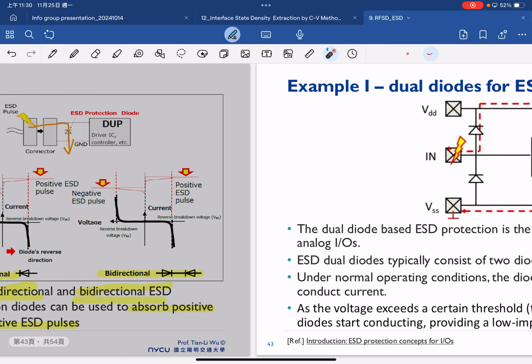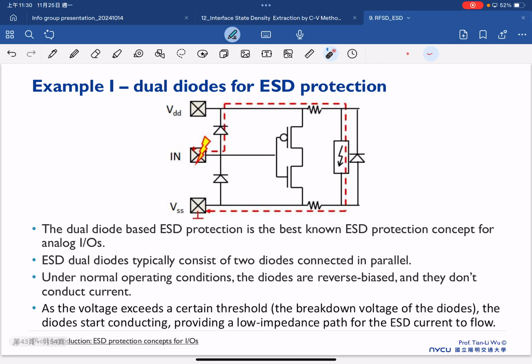This is an example of dual diode ESD protection, where we place two diodes here. The dual diode based ESD protection is a basic ESD protection concept for analog circuits. The ESD dual diode typically consists of two diodes, and under normal conditions the diodes are reverse biased, so they don't conduct current.